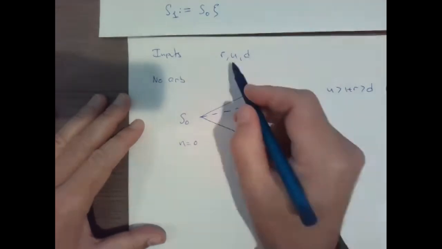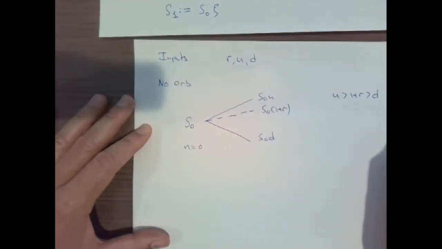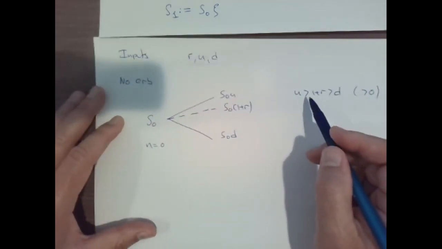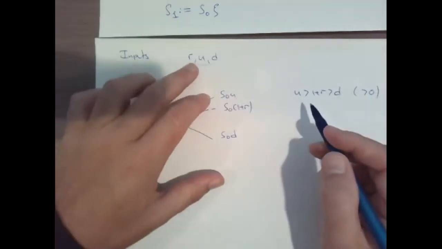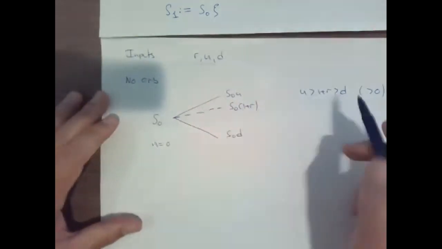So we have inputs, but we don't have arbitrary inputs. We have inputs that satisfy this condition. So we have 3 input parameters, and they must satisfy these inequalities. But sometimes there's more.